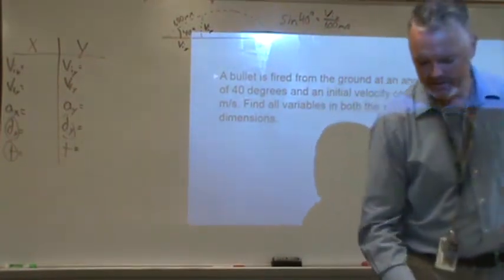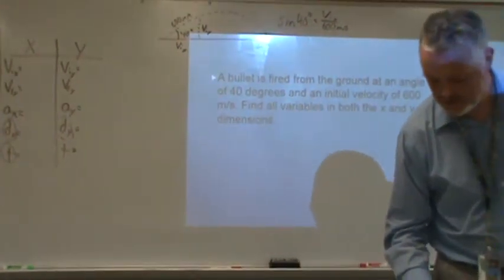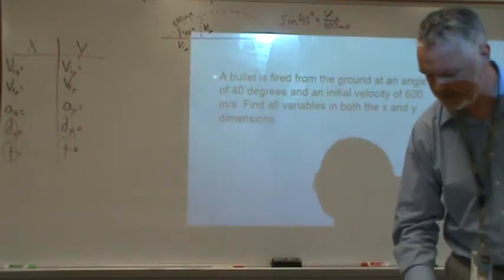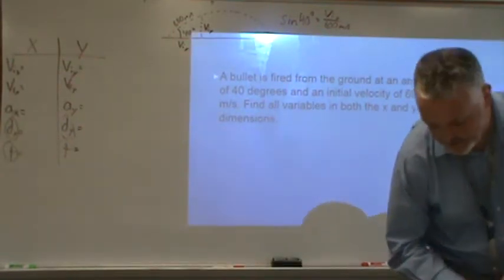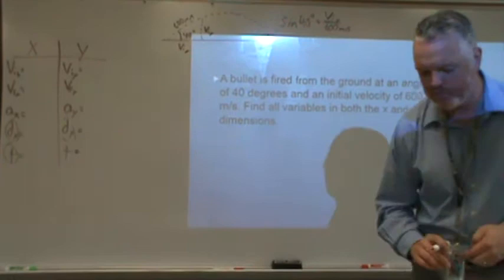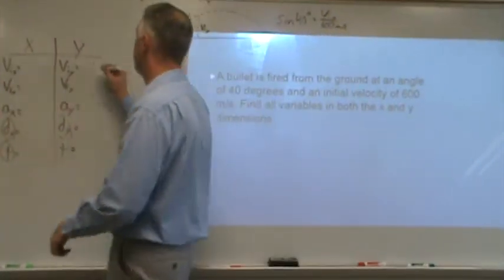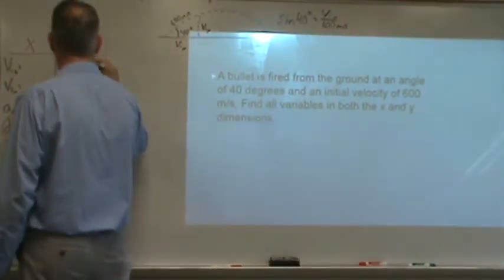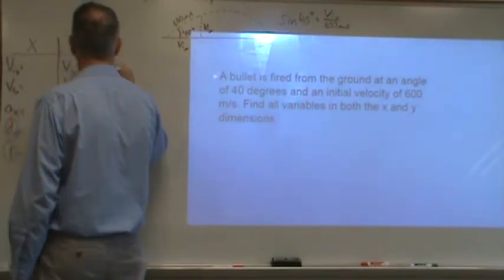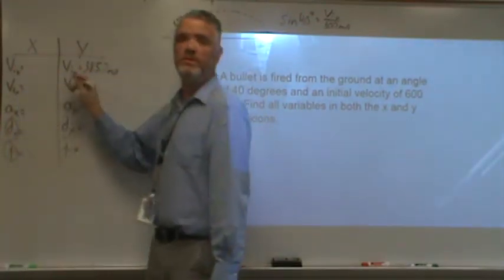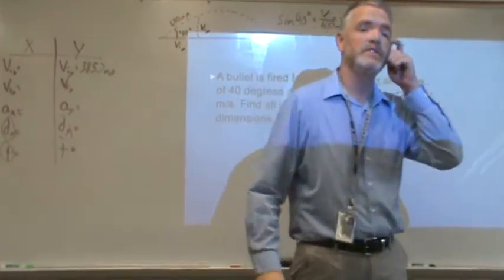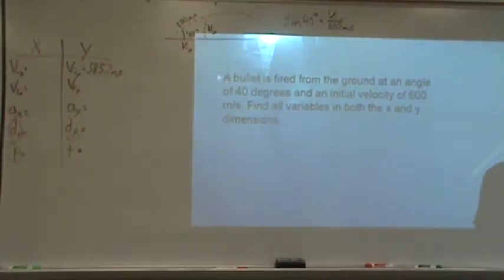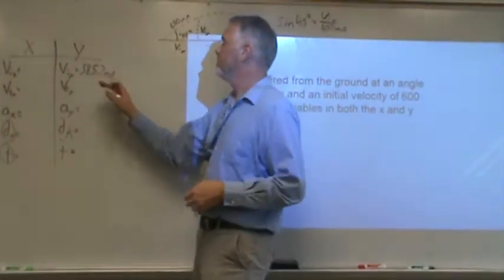So I just do sine of 40 multiplied by 600. Gives me 385.7. So my VIY, 385.7 meters per second. Every time you put something in one of these tables, I want to see units. Meters per second.